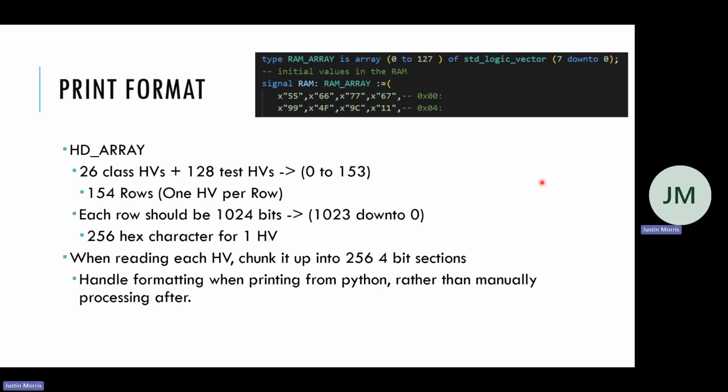Because if you do it that way, you run your Python code, look at the output console, copy, paste, right? Rather than just printing out the hex characters as a long string of 256 times 154 hex characters where you don't know how they're split up, you want to split them up as you print, because you can write that into your code.